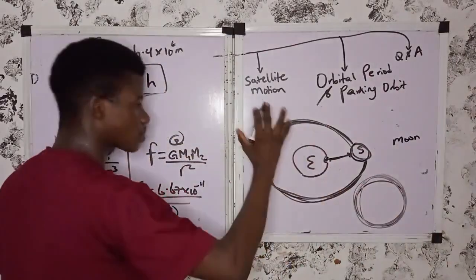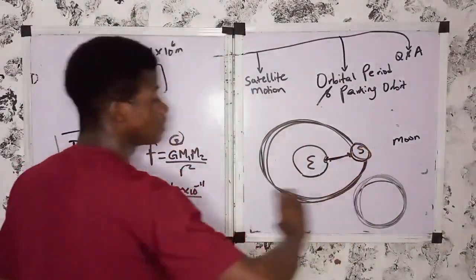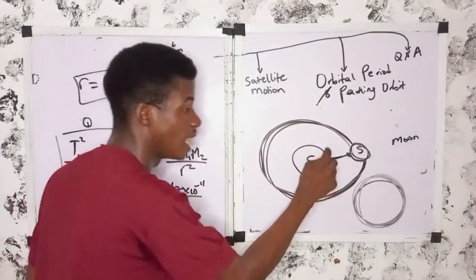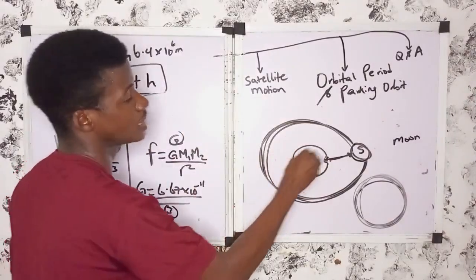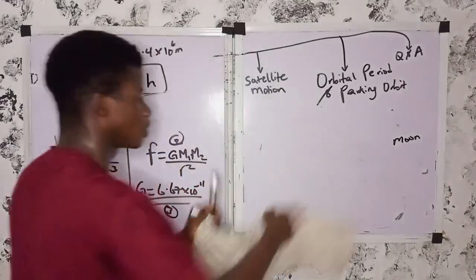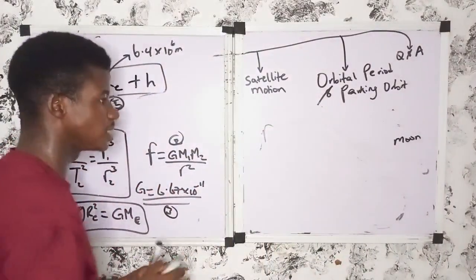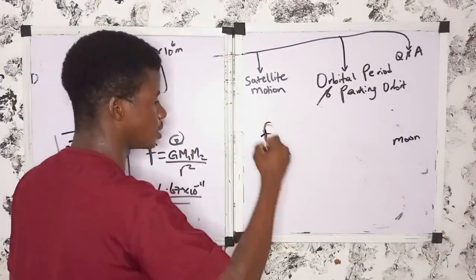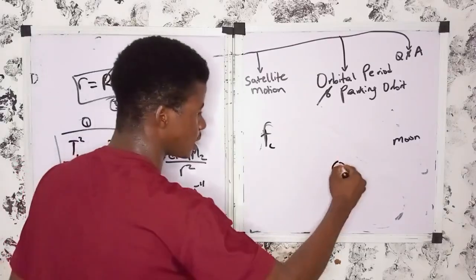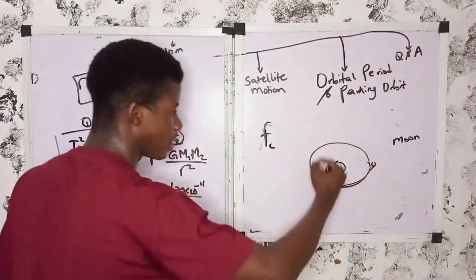Yes. Now, in the aspect of satellite motion, what keeps a satellite moving in a circular path is the centripetal force that is provided by the gravitational force between the Earth and the satellite. Now let's do some derivation. This is the Earth, this is the satellite, moving in circular paths around the Earth.